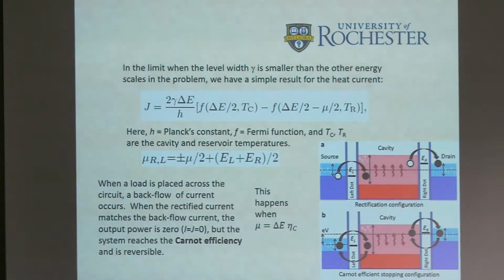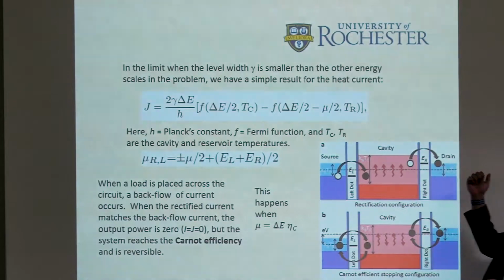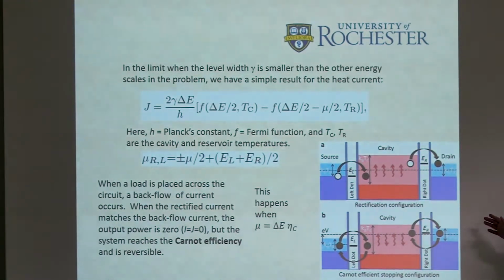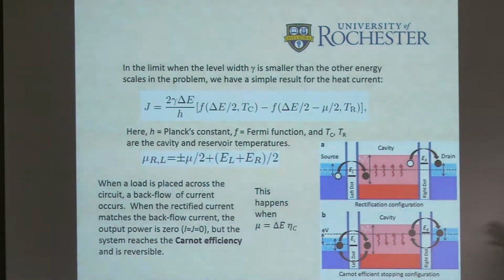Now what's interesting is I mentioned before, if I start applying bias to this, so I'm going to start flowing current from left to right. I want to make this run against a load, so I apply some voltage here, and that's going to start generating power, but it's also going to have a backflow of current because of the bias I'm applying on the right side. At some point, as I keep making that bias higher and higher, those two processes will cancel each other.